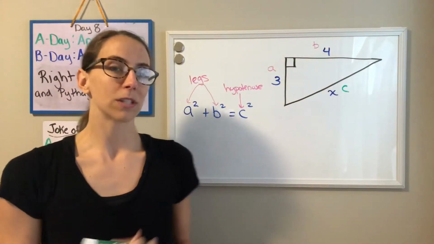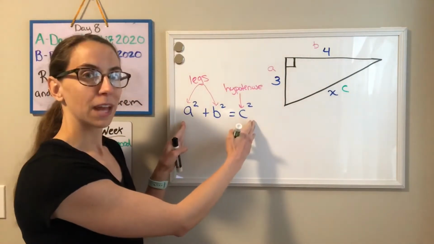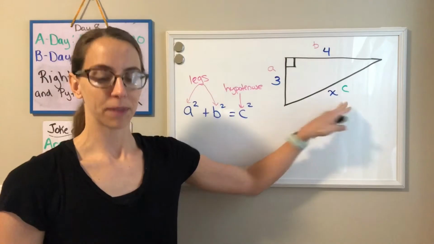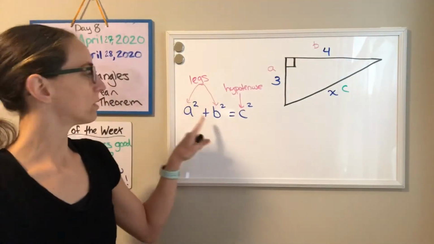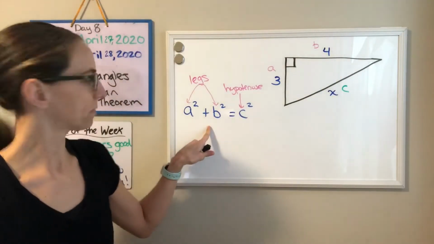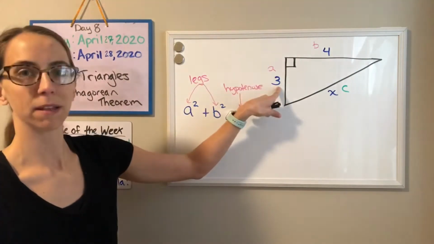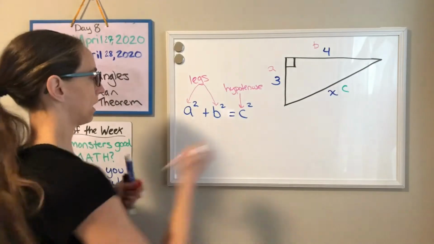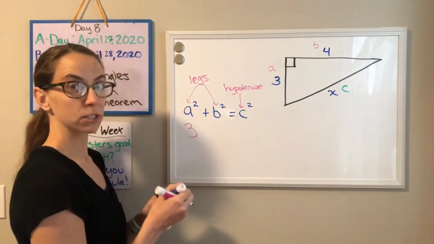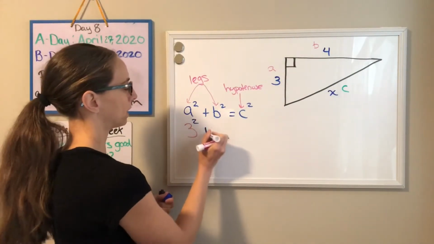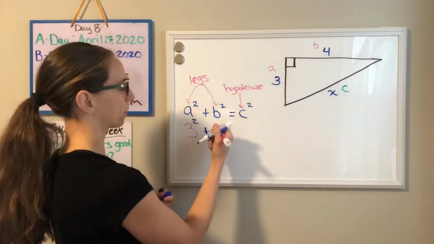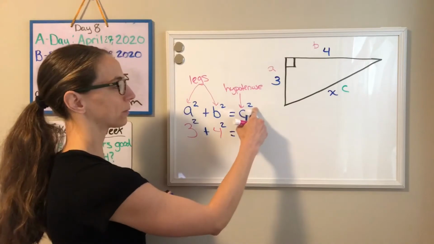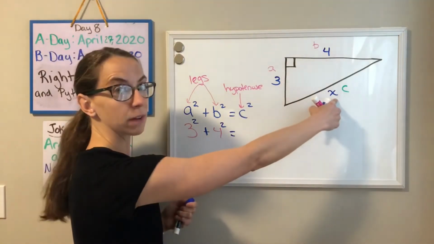So I'm going to use my Pythagorean theorem, and then I'll do the arithmetic to find the measure of that missing side. I'm going to substitute my values into my Pythagorean theorem. A is represented by the value of 3. So I'm going to plug in A as 3, keep our squared, plus b, in our case, was 4 squared equals, now I have c squared, which is the missing value.